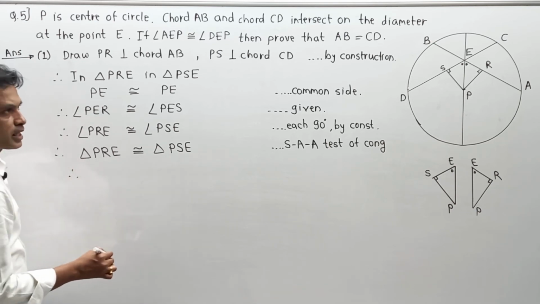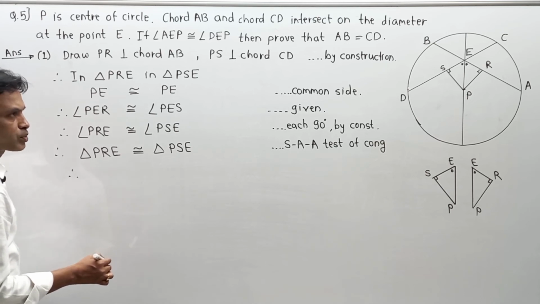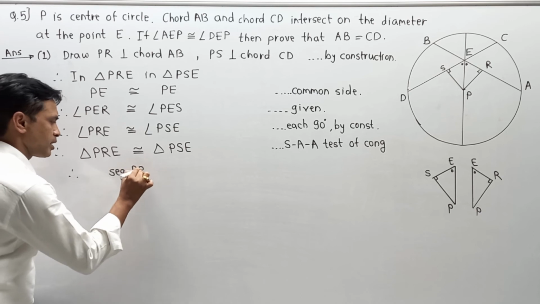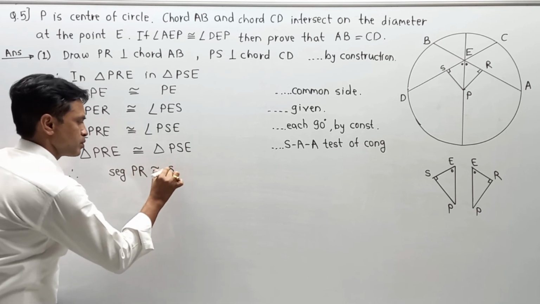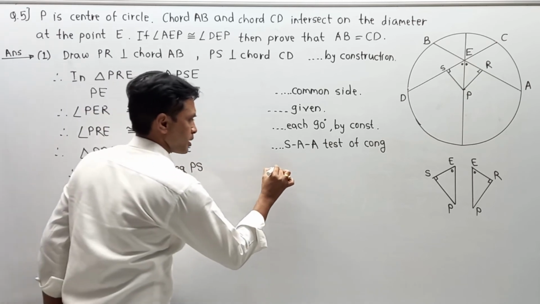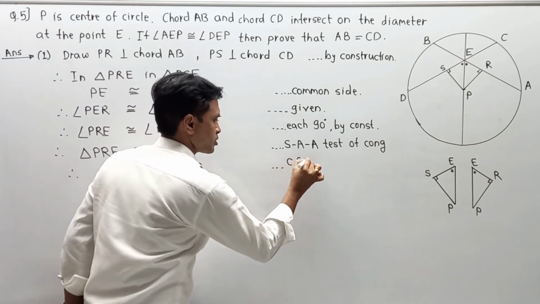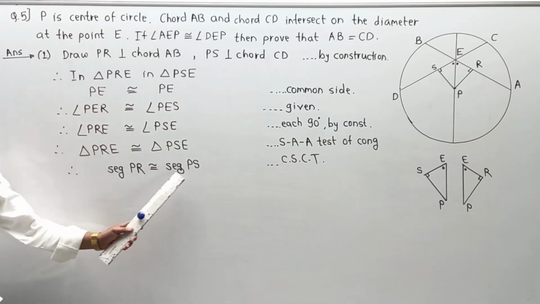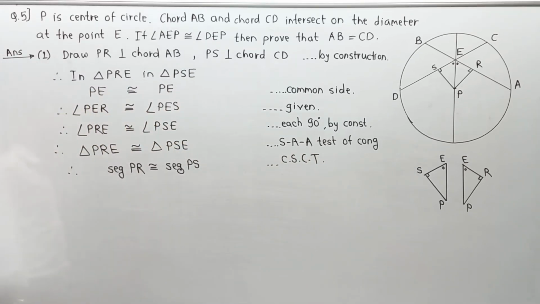Therefore, segment PR is congruent to segment PS, corresponding sides of congruent triangles.